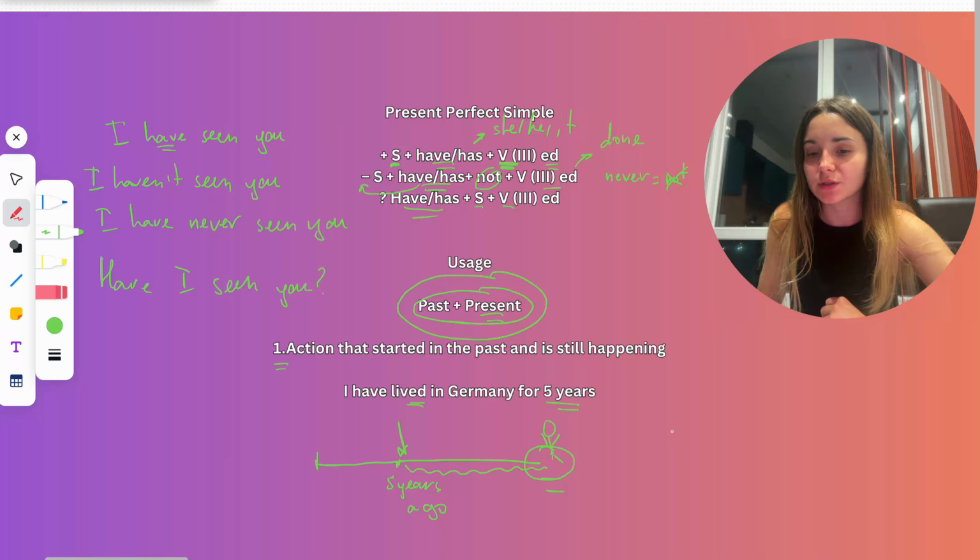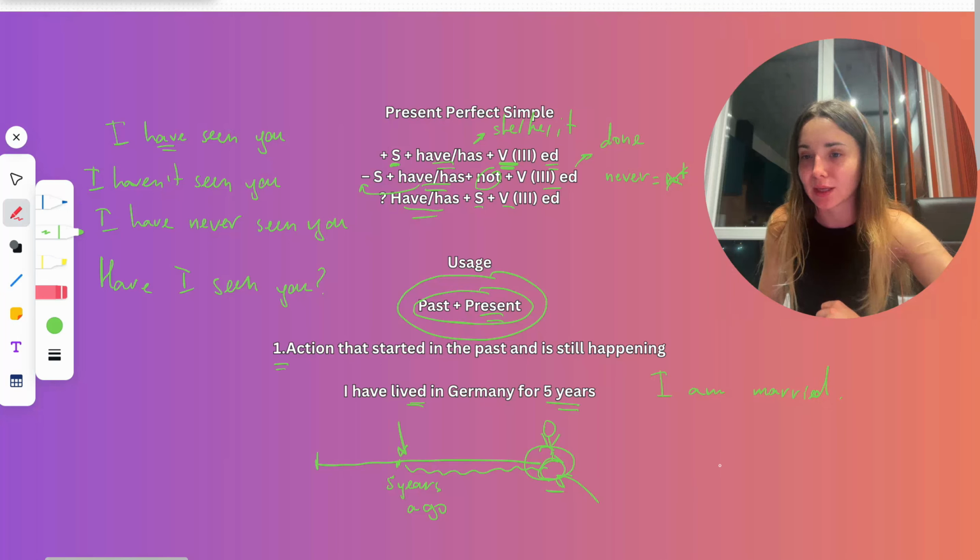So I want to give you one practical example now to think about. Let's imagine that you really like somebody, and he or she says, I am married. So that's a big problem for you, because it means that there is no chance, right? Because they focus on the present tense, and they say that as of now, they are married.